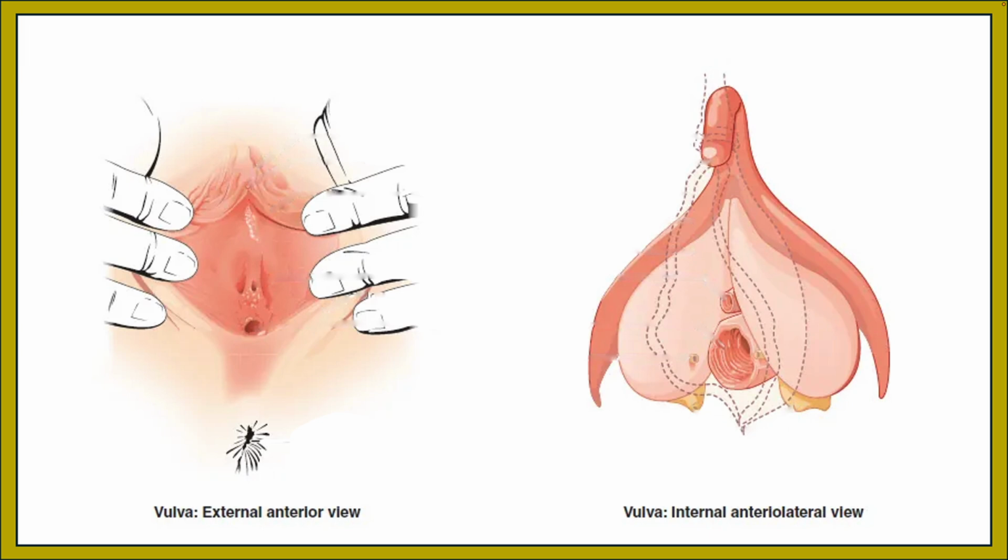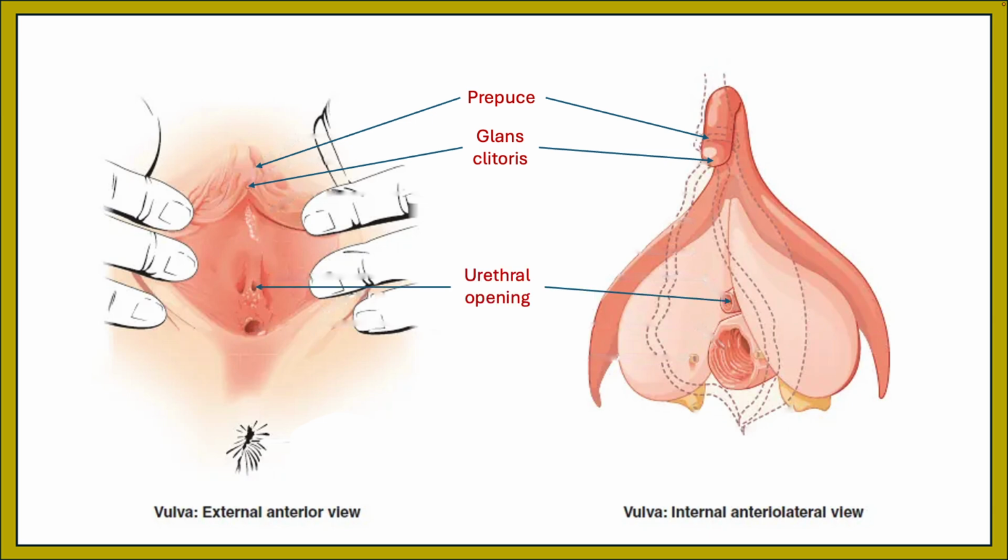Externally, the female reproductive structures are known as the vulva. You have the prepuce and the glans clitoris found on the more superior portion of the structure. You can see the urethral opening being just superior to the vaginal opening, as shown here.